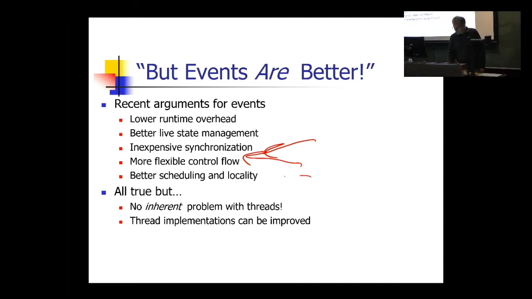And as we'll see, you can do some more scheduling tricks with events that hadn't been tried on threads. So the argument here is that there should be really no inherent problem with threads, and that thread implementations had room to improve to use some of the kinds of techniques that came naturally with events in the context of threads.